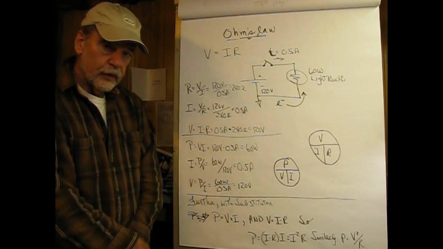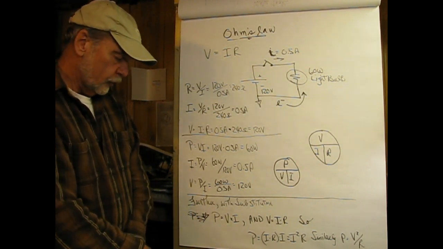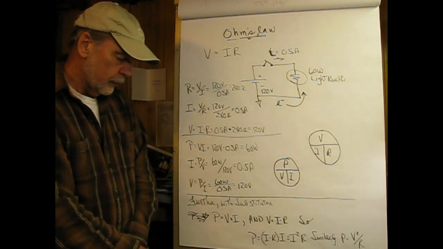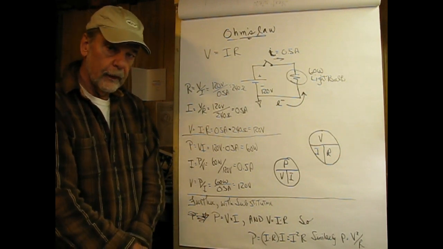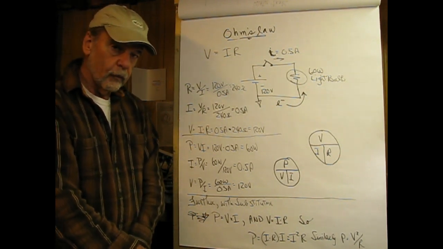So we have three general forms of power equations: P equals V times I, P equals I squared R, and P equals V squared over R.